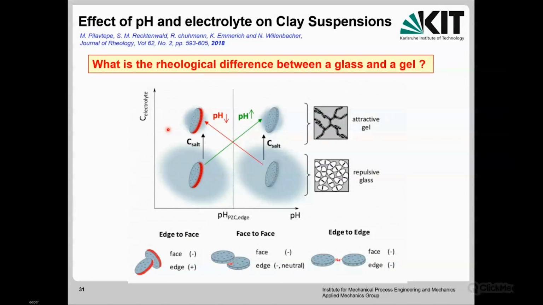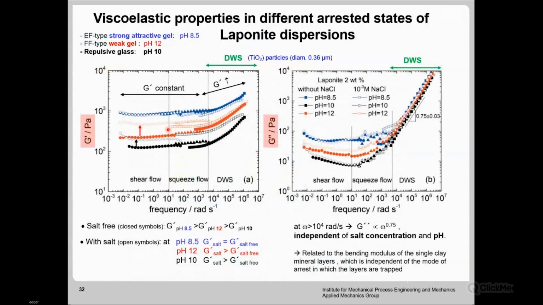And with DWS, by adding titanium dioxide particles as tracer particles, you see that this is the J prime here. We have good agreement between mechanical measurements and DWS. This is the high frequency regime for J prime.